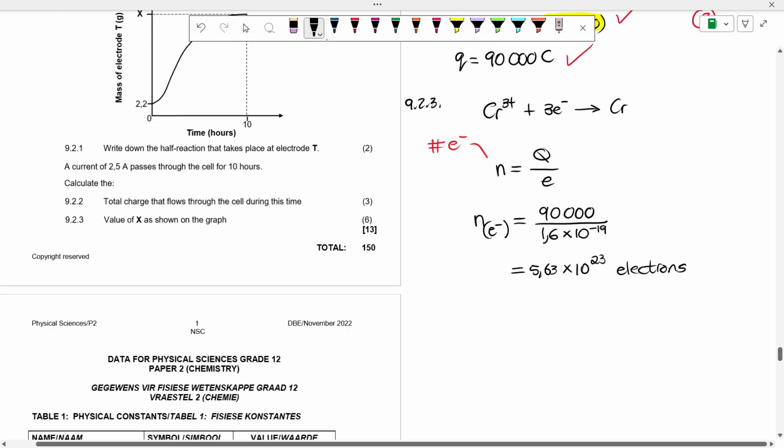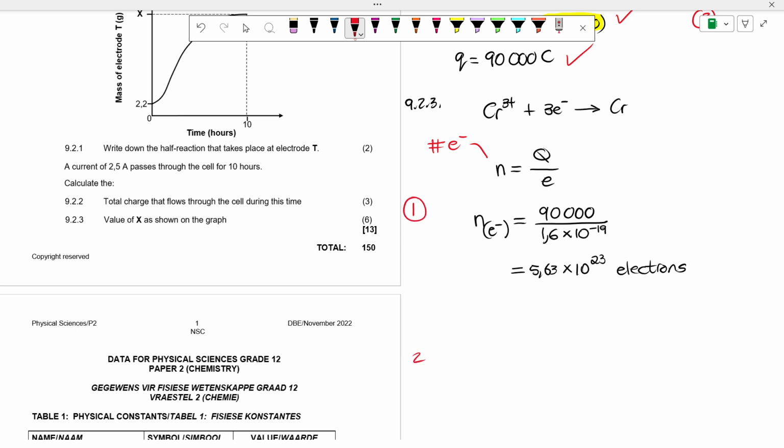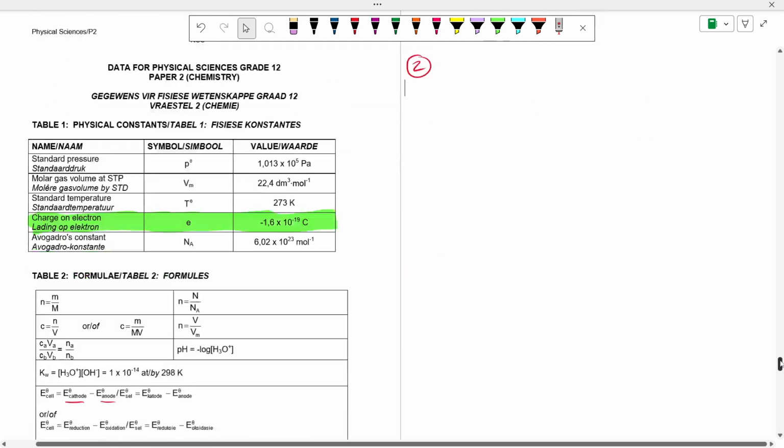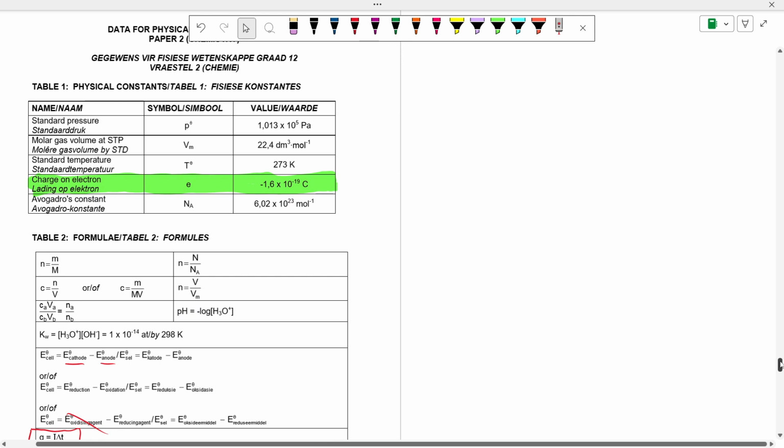I can scroll down to the formula sheet if you want. Okay. So which one are we looking for? Can we use the Avogadro's formula?